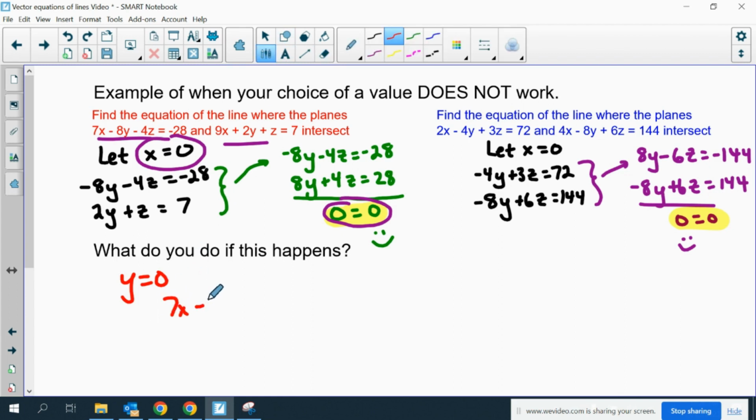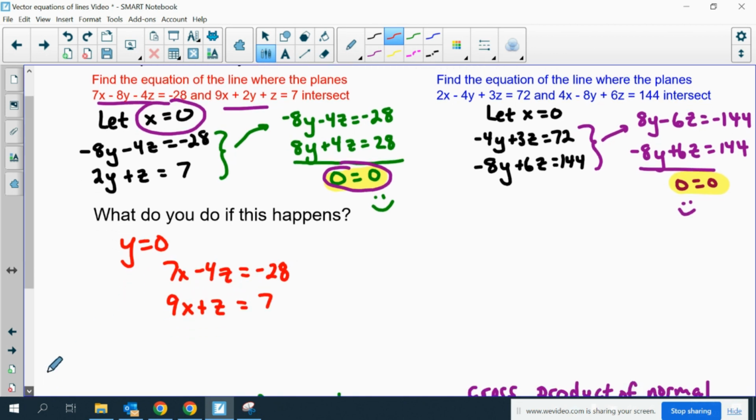But if I have 7x minus 4z equals negative 28, and 9x plus z equals 7, I should know what's going to happen. Like x is going to be 0. But if I multiply the bottom one by 4, that ends up being 36x plus 4z equals 28.